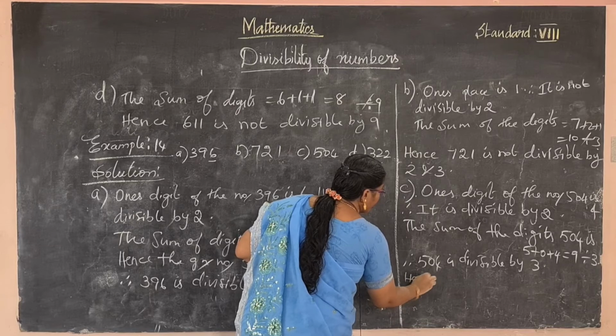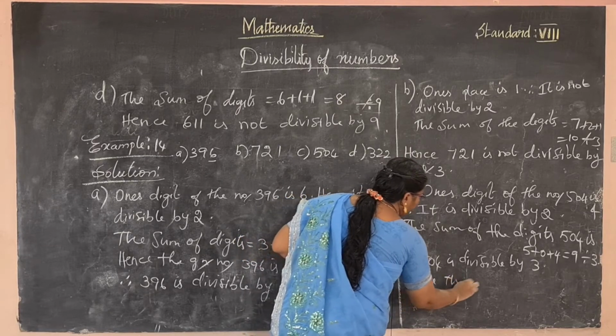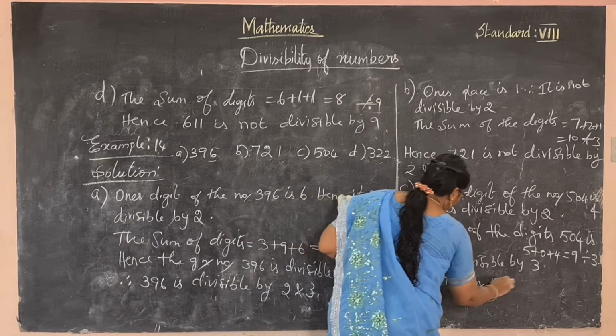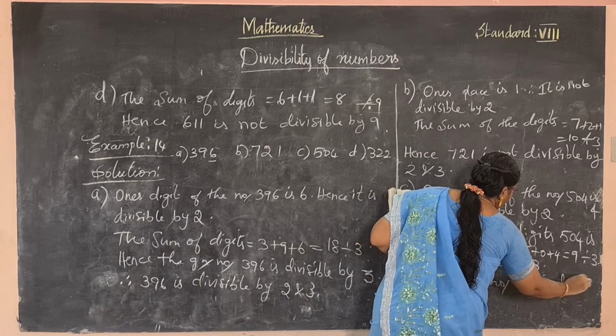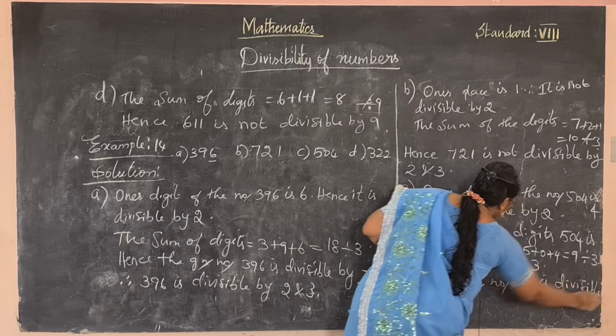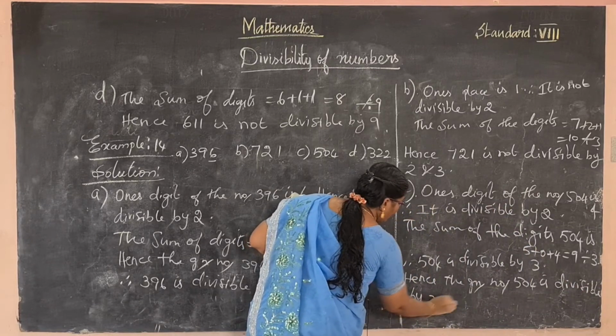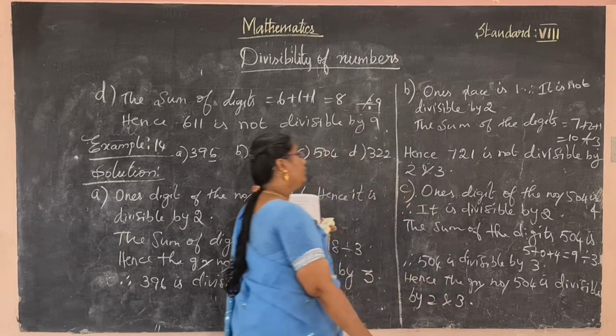Hence the given number 504 is divisible by 2 and 3.